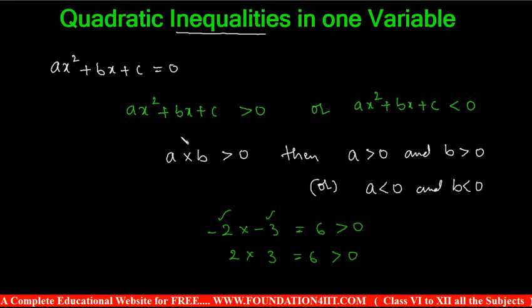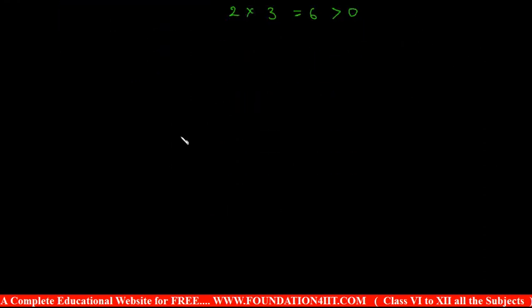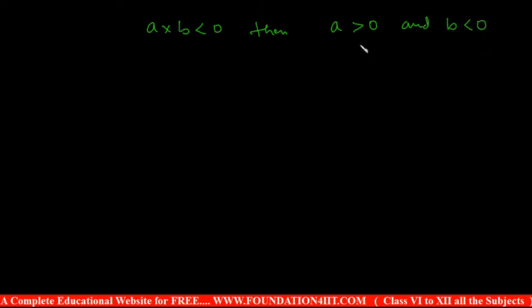Similarly, let us see the less than case. If a into b is less than 0, then a is greater than 0 and b is less than 0. One should be greater than 0, one should be less than 0. Or a is less than 0 and b is greater than 0.